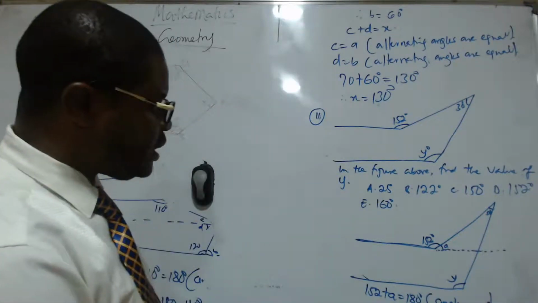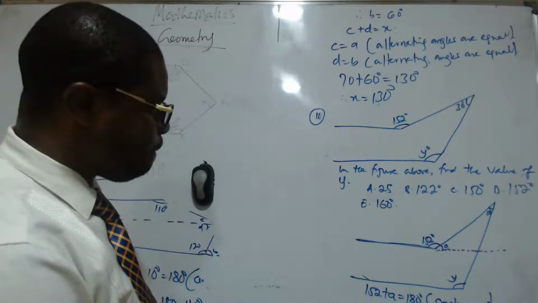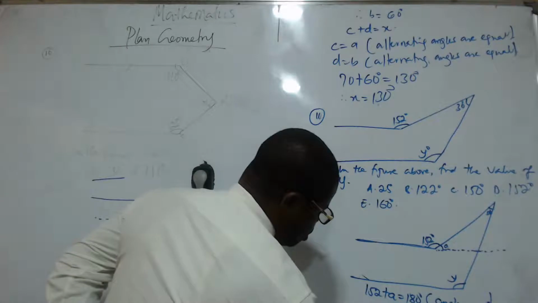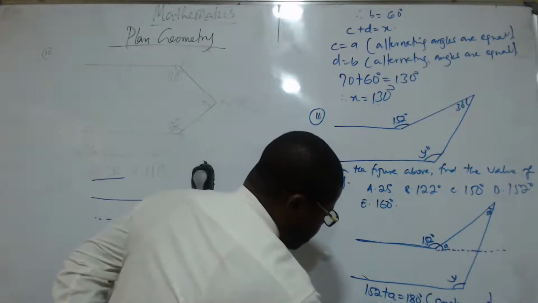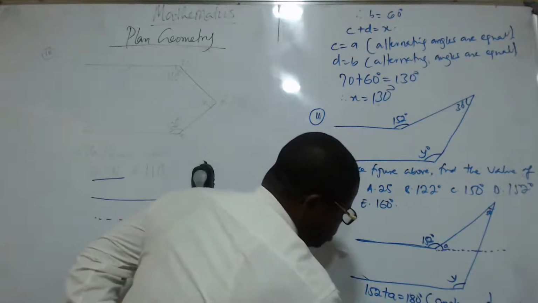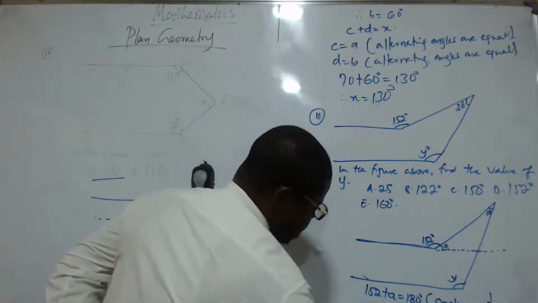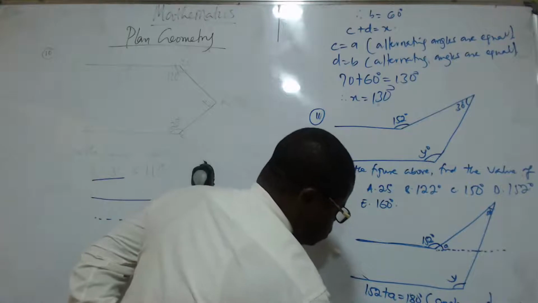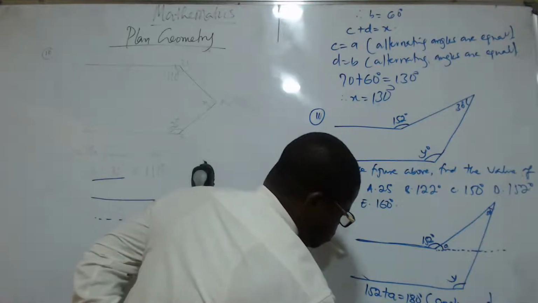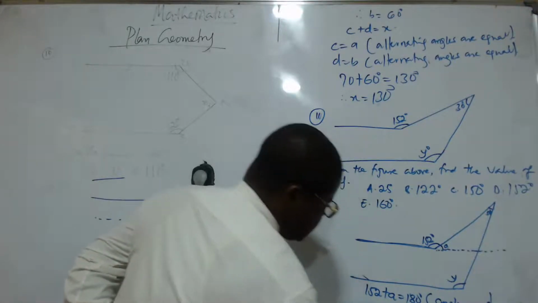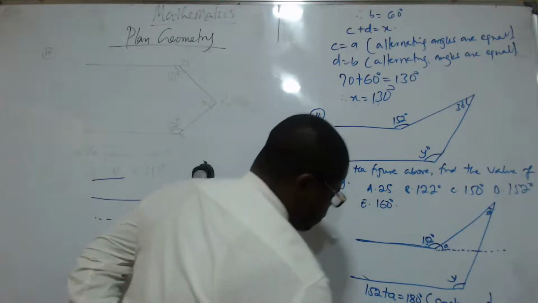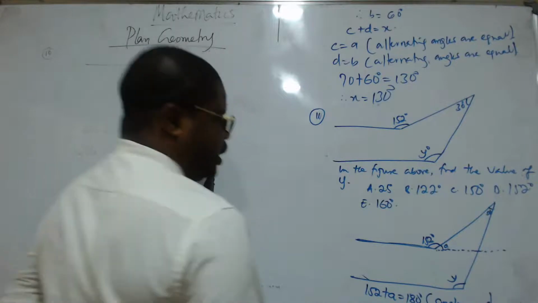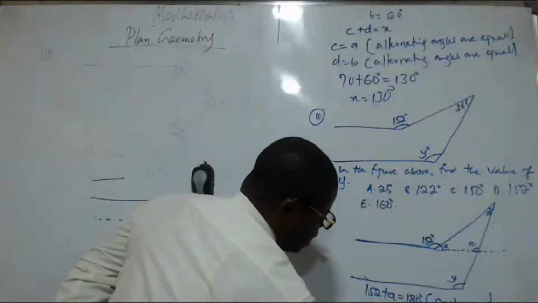Then having known that, we now have 152 plus A equals 180, so 180 minus 152. So A gives us 28 degrees.